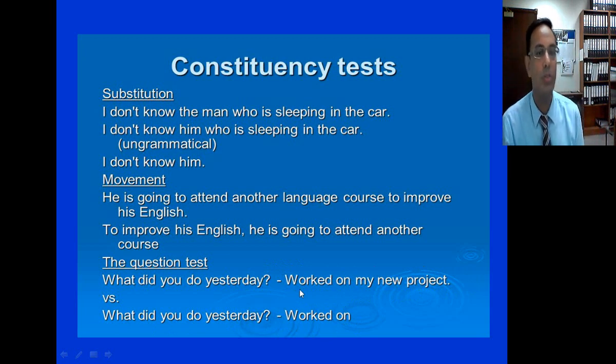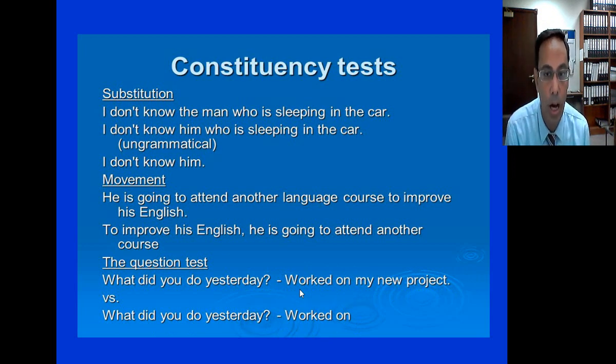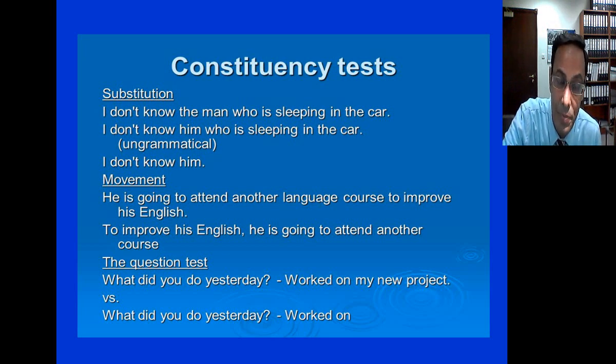What did you do yesterday? I'm asking about the action here. I worked on my new project. It is a verb phrase, worked on my new project, a predicate. We cannot take part of it. The answer cannot be part of the constituent. Work it on is not an answer.